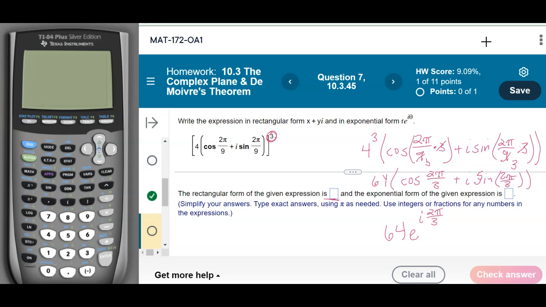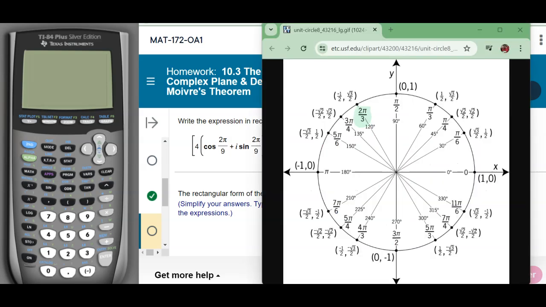The rectangular form, I'm going to need to distribute the 64 through there and evaluate the cosine and sine of 2 pi over 3. So that's where my unit circle will help. So there's my 2 pi over 3. The cosine is -1/2. The sine is square root of 3 over 2.